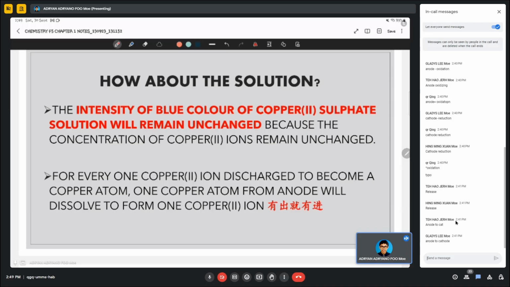For every one copper 2 ion discharged onto the iron spoon, another copper 2 ion is released from the copper plate into the solution. So the intensity of blue color remains unchanged.